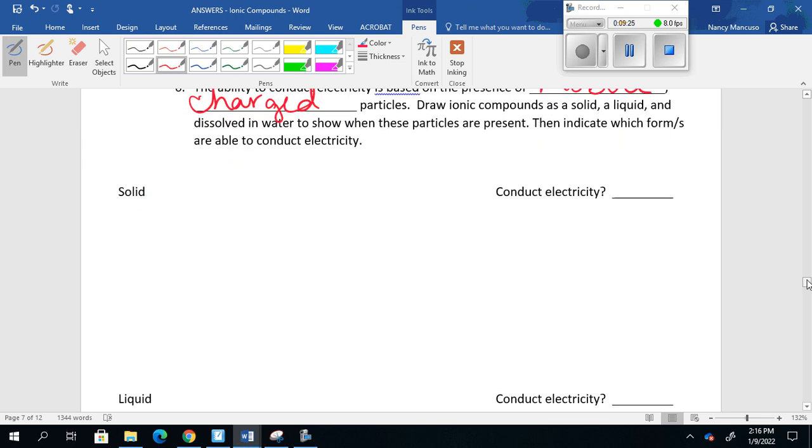So let's draw little pictures. If I have solid NaCl, remember I get that crystal lattice look? I'll draw them so that they look like separate compounds, but remember they're super close to each other because of the attractions.